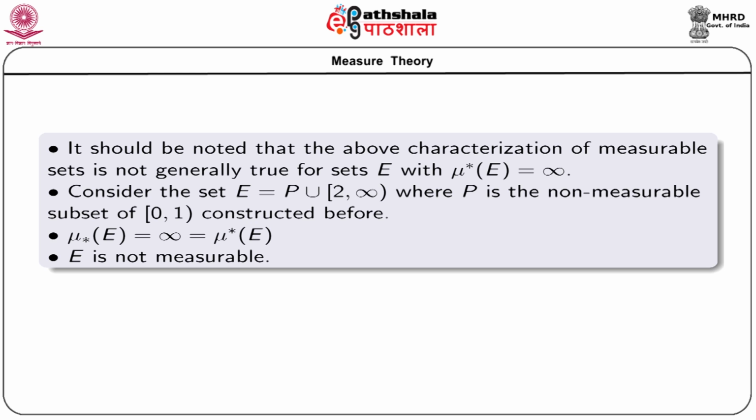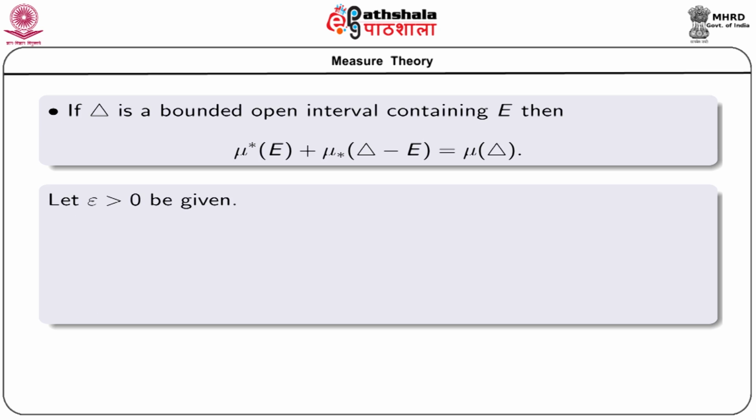So, this set E is not measurable, and this shows that this particular condition cannot be treated as an equivalent condition for the measurability of a set E if the set E has infinite outer measure.